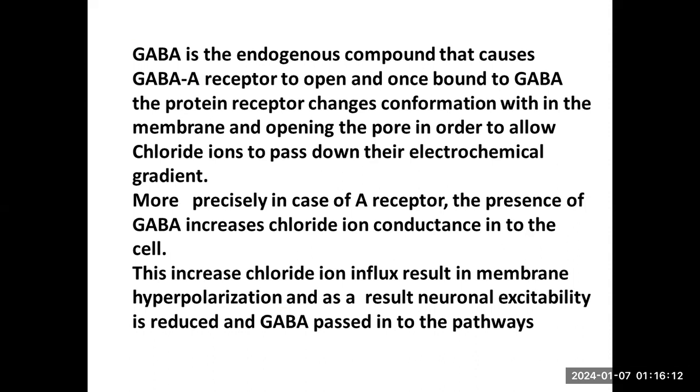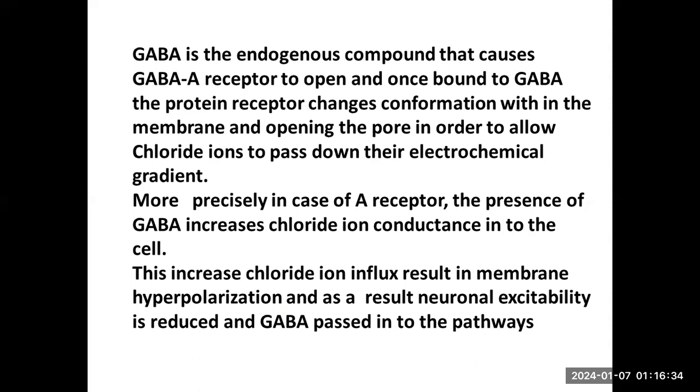More precisely, in the case of the A receptor, the presence of GABA increases chloride ion conductance into the cell. This increased chloride ion influx results in membrane hyperpolarization, and as a result, neuronal excitability is reduced.